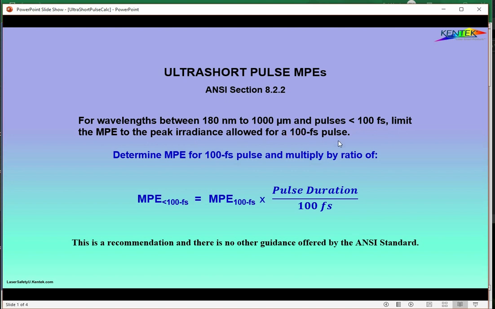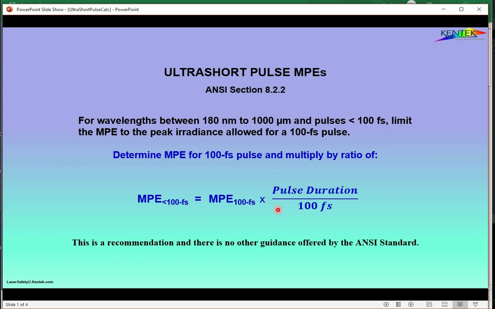And that's really what this discussion is about, because we get the question often from beginning students: what does it mean, limited to the picoradians, and how do you determine that in order to find the MPE for a pulse shorter than 100 femtoseconds? We take the MPE for 100 femtoseconds and multiply it by the ratio of the real pulse duration divided by 100 femtoseconds.